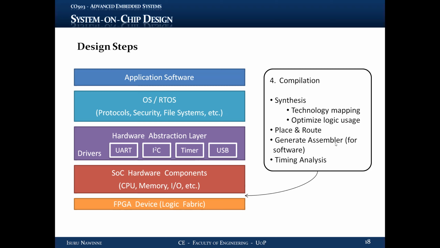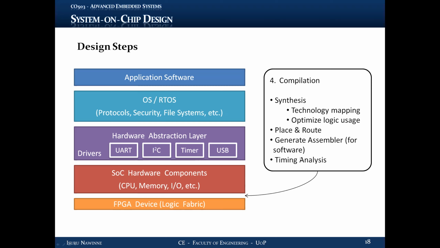That assembler is dependent on the CPU, its instruction set architecture and so on. So the assembler has to be generated, because you can configure the CPU of the SoC to do various different things, since these are application specific designs. The CPU itself can be customized, so the assembler has to be generated at compile time, so you can write programs for your SoC.